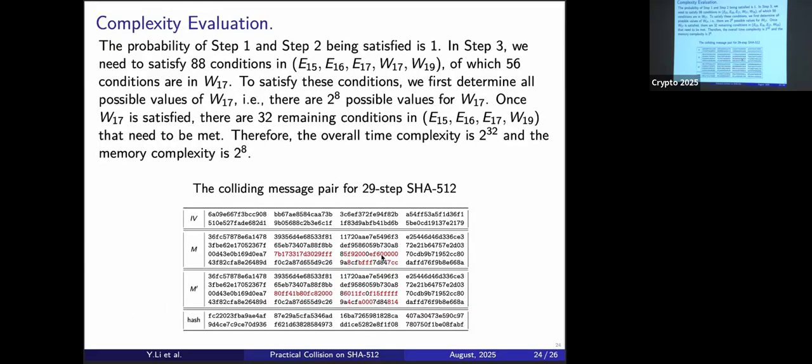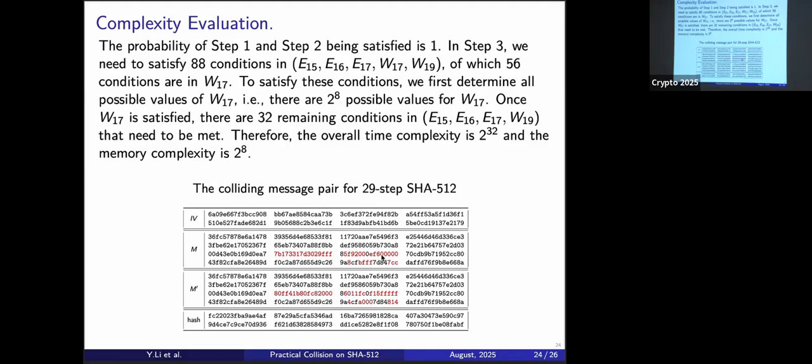And this is the complexity evaluation of the message modification in the clean attack. The probability of the first step being satisfied is 1. And in step 3, we first determine all possible values of W17.